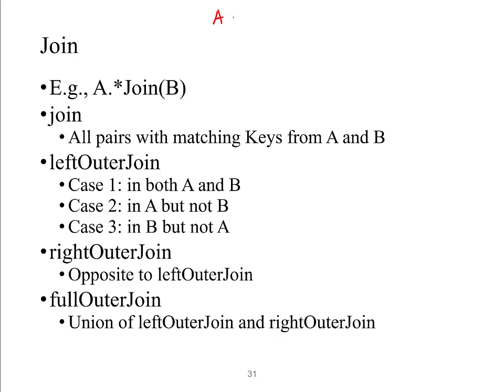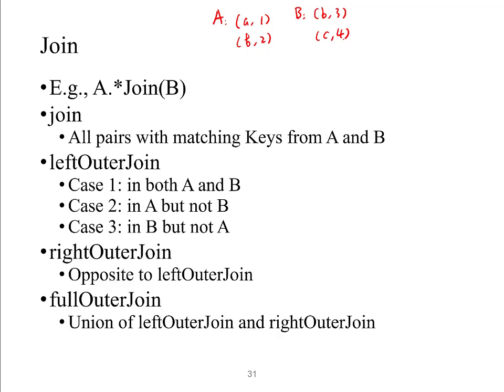Now let's assume that A has A1 and B2 as the elements in the RDD, and B has B3 and C4 as B's elements. All right.